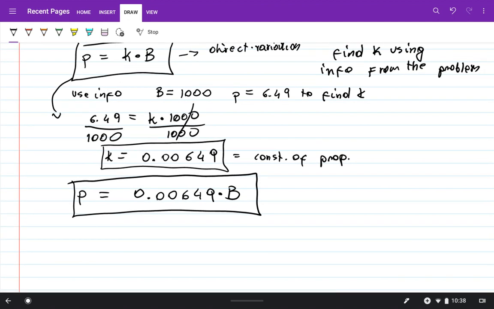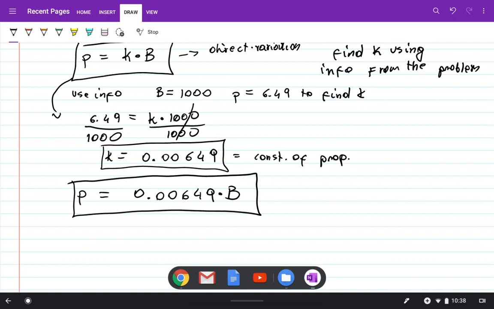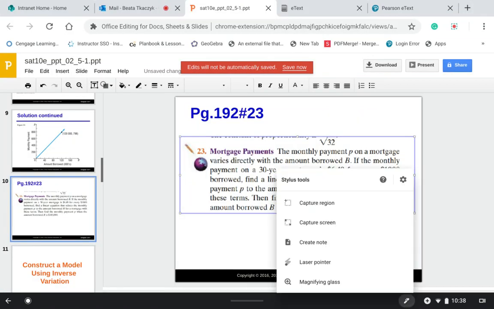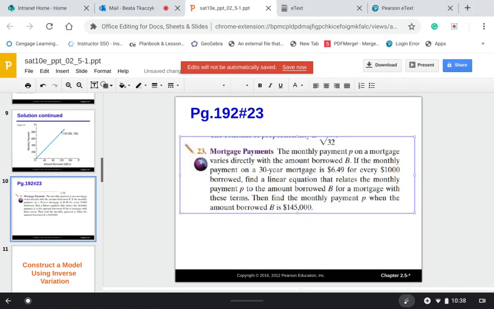Now that we have the equation, I can answer the question from the problem. They're asking you to find the monthly payment, so find P when the amount we borrow is 145,000. So now we're going to replace B with 145,000 to figure out how much we're going to pay monthly.